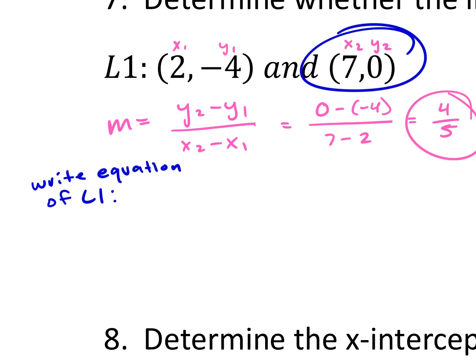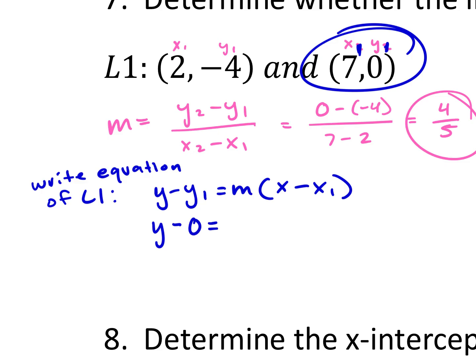So I'm going to do this point here. You could pick either point. You'll end up with the same answer. But our point slope form is y minus y1 is equal to m times x minus x1. So y minus our y1 is 0 equals m is 4 over 5 times x minus 7.